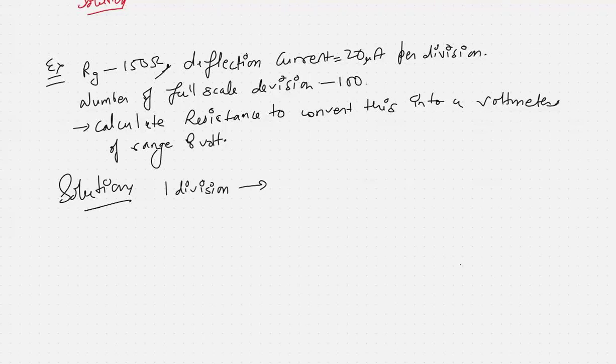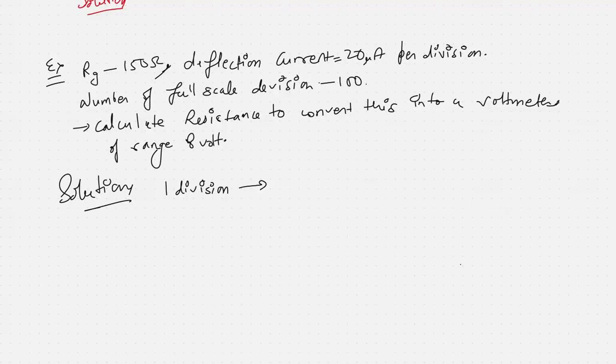The deflection current is 20 per division. Say this is a galvanometer with divisions 1, 2, 3, 4, up to 100. If you increase the current by 20 microampere, the pointer moves from here to here. If you increase by 20 again, it moves further. This is what a division means. Here we have a total of 100 divisions.